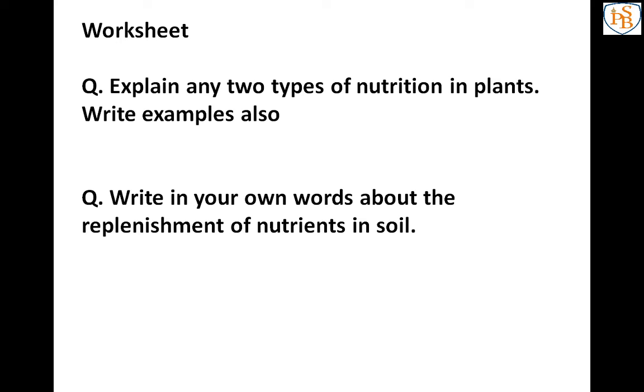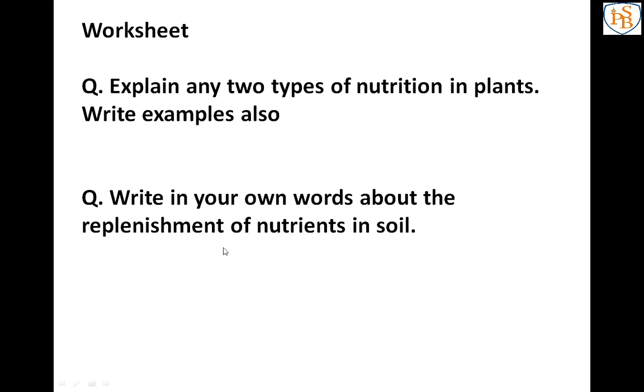So there are 2 extra questions. In the first you have to explain any 2 types of nutrition in plants, and write examples also. You can write any 2 types, you can write autotrophic and heterotrophic also. You can write the 4 modes, and from those you can write 2 modes of nutrition, but you have to write the example also.